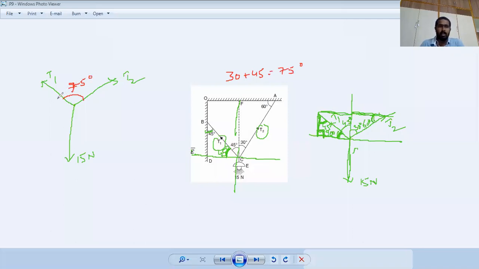Now tell me the angle between T1 and 15. 135.